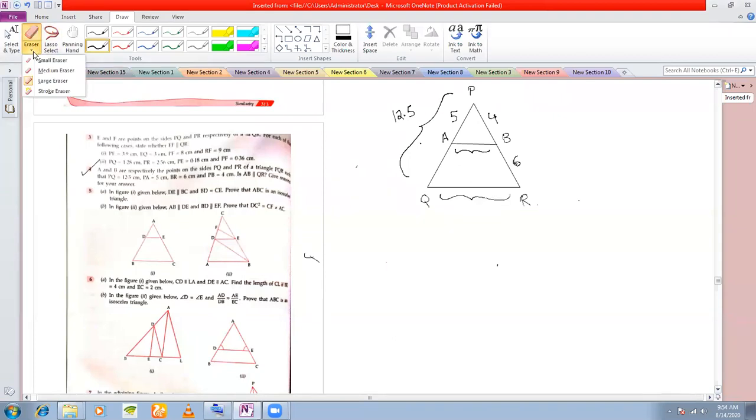Now how can you prove whether the lines are parallel or not? By the converse of BPT, right?